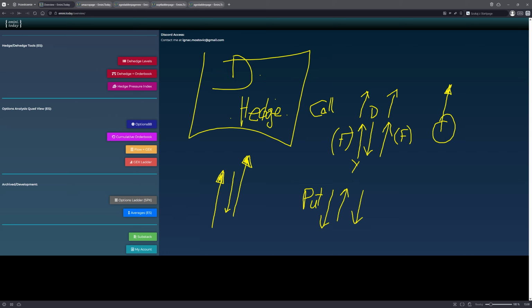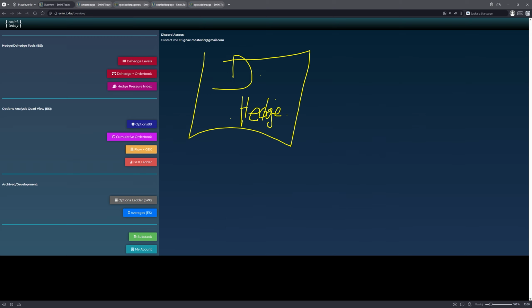that they are handling. Okay, so now the question is, what happens to the price of the underlying asset, like SPX or the SPX index futures? What happens with the price? So let's say we have a trend move up, and then at some point there are a lot of calls again being bought, right?